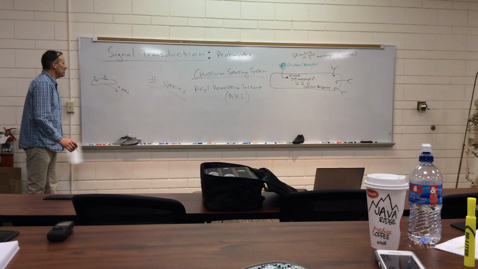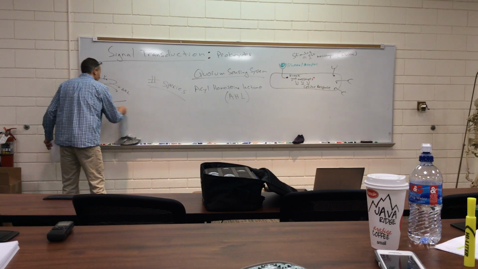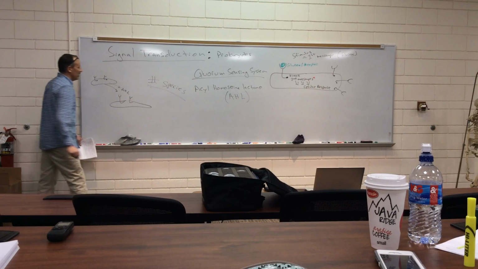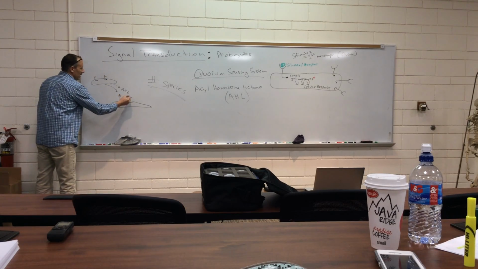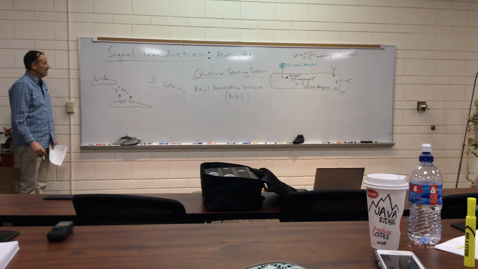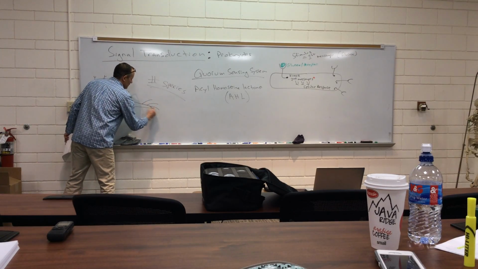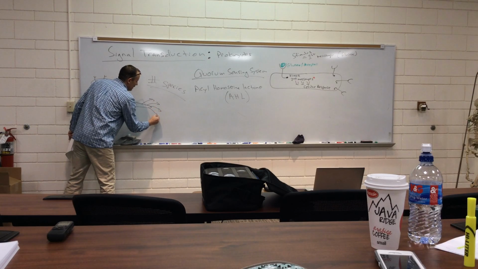So this AHL goes out into the environment. It binds to receptors on another organism, the AHL receptors. That has a second messenger effect. It makes this guy produce a ton of AHL.